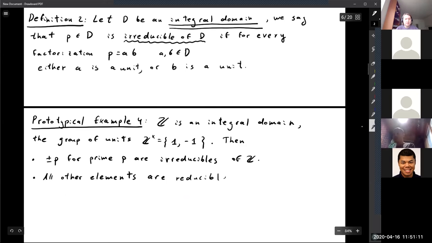We say that the elements are reducible if they are not irreducible, of course.